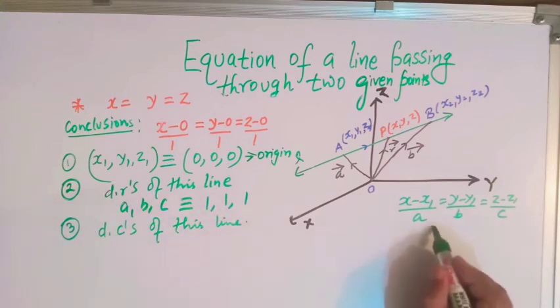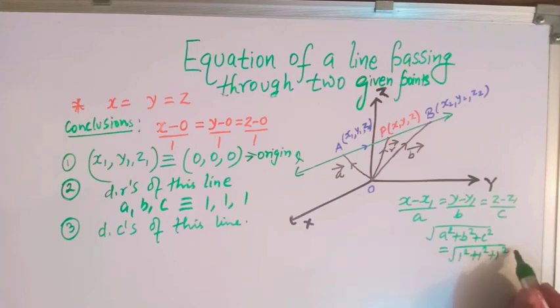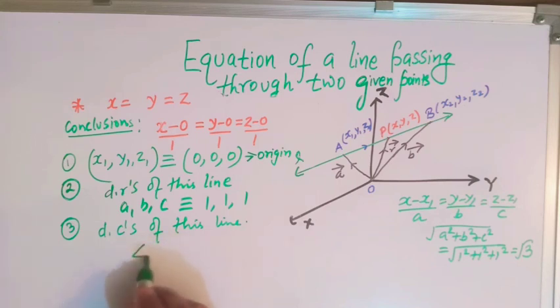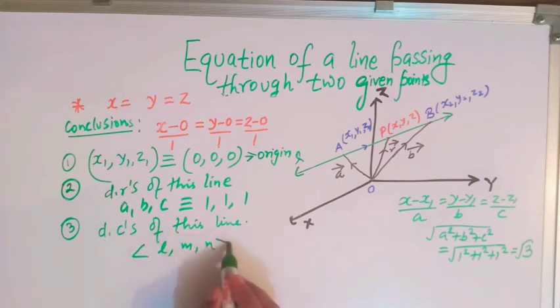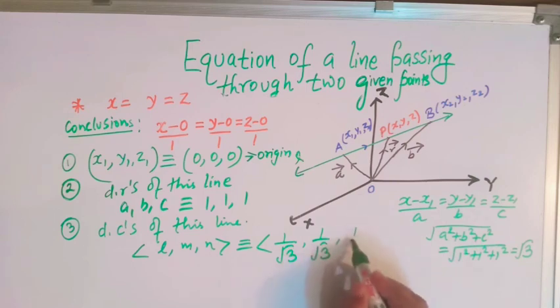The third point is what are the DCs, the direction cosines of this line? So what we will do, we will find the square root of a square plus b square plus c square. So in this case it is 1 square plus 1 square plus 1 square, that is the square root of 3. So therefore the direction cosines of this line, L, M, N, are 1 divided by root 3, 1 divided by root 3 and 1 divided by root 3, right?